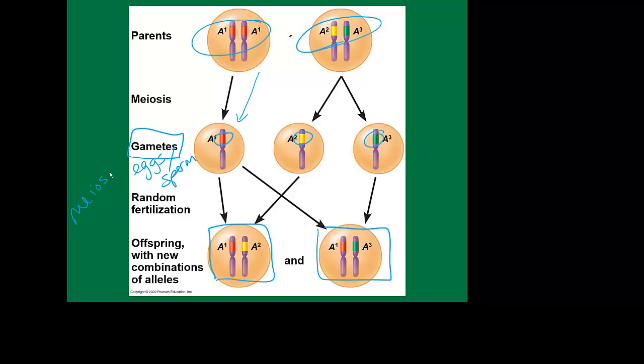Meiosis creates gametes. Meiosis separates alleles, and then random fertilization with an egg and sperm bring those alleles back together, sometimes in very new combinations. This is amazing. This adds variability to evolution.